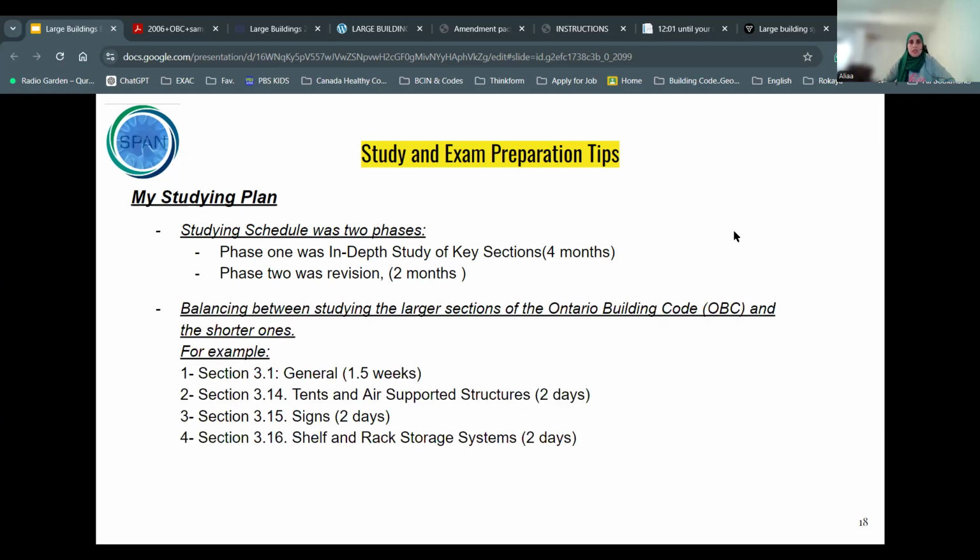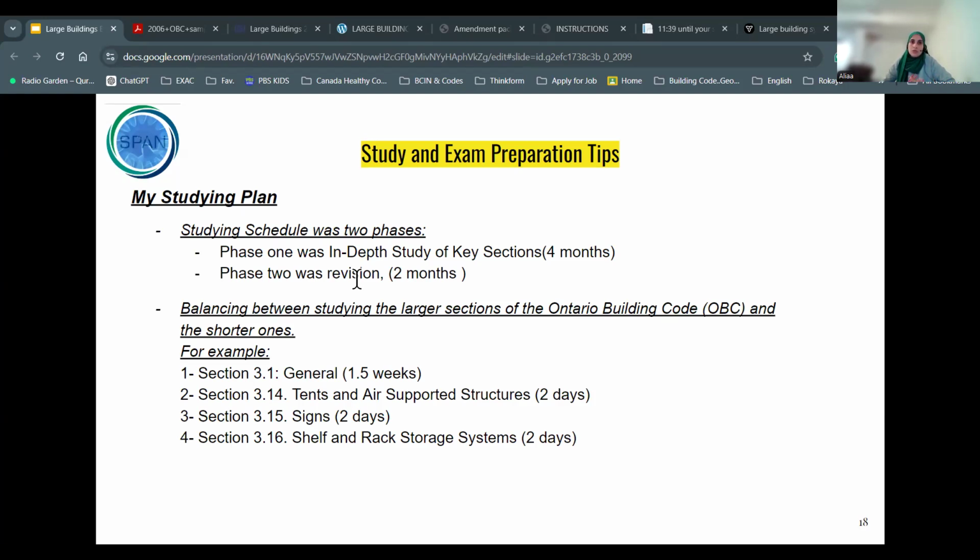For example, the exam had 4 or 5 huge sections from Part 3, which are section 3.1 general, section 3.2 building fire safety, section 3.3 safety within floor area, and section 3.4 exits.